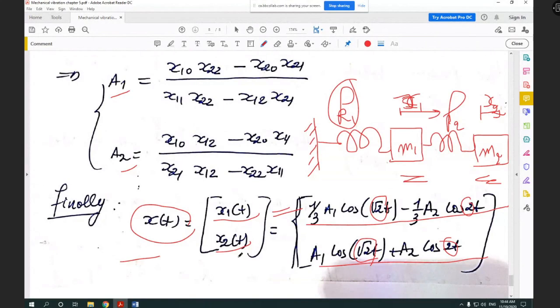So by this example, we can close this chapter. Why? Because simply, if we move now to more than 3 degrees of freedom, or if we introduce another element in the system, like a damping element or an external force, the modeling is easy to get.